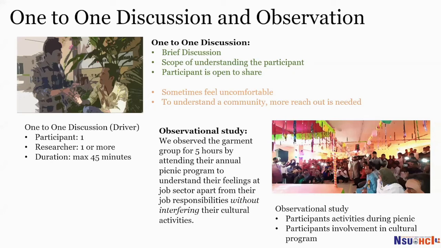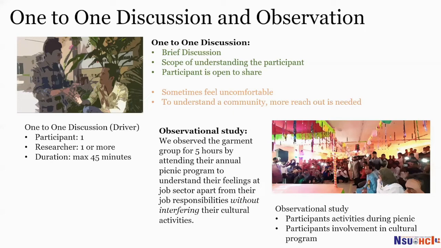And in one-on-one conversation you have to reach out more, because through a focus group you get 3 participants at a time, but in one-on-one conversation you get only 1. So you have to work more in one-on-one discussion. But recently we focused more on one-on-one discussion, because we can validate the relevant data within the community.